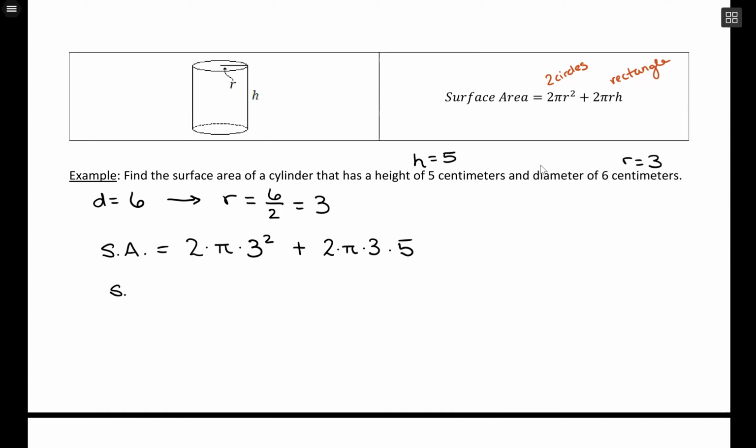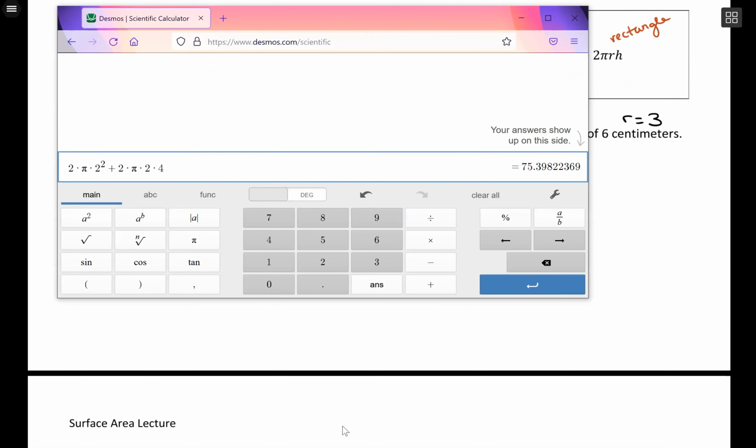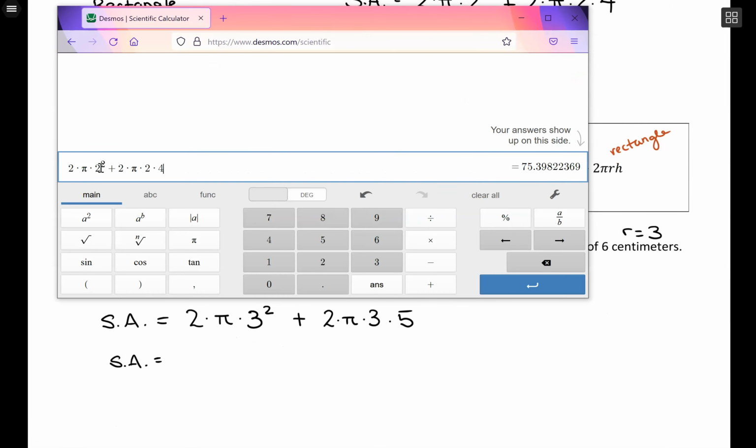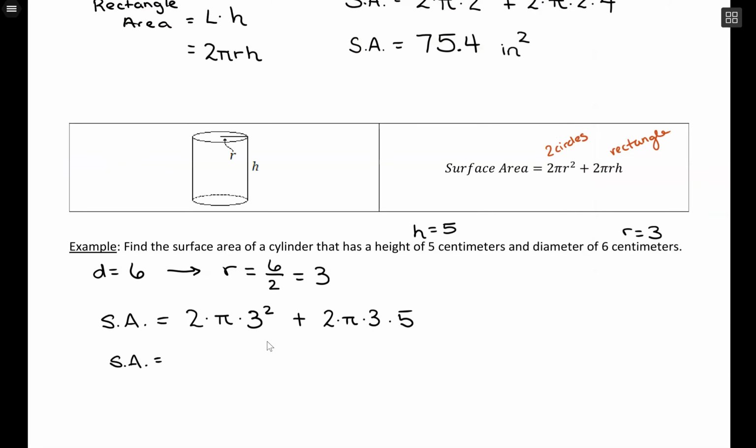And then with that, we can just plug all of that into the calculator. I'm just going to change that to a 3 and a 5. And we get 150.8. And then our units, we're taking centimeters squared.